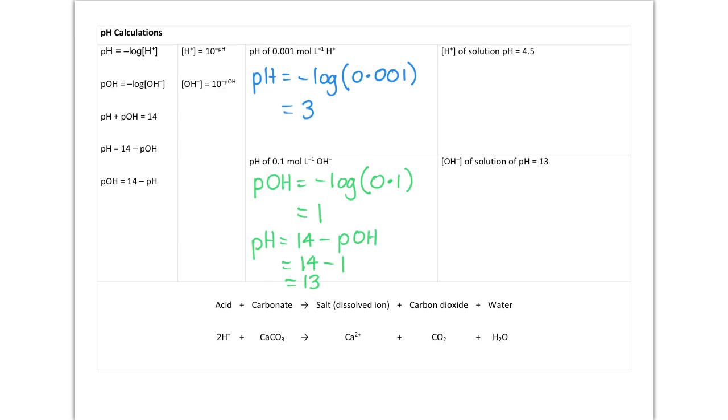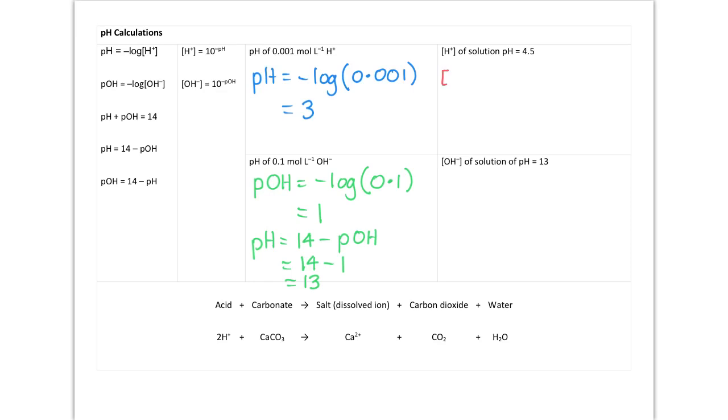Now, we also need to do the vice versa, if you can remember back to what the science understanding stated there. And to do that, we use these two relationships here. The hydrogen ion concentration equals 10 to the minus pH, or the hydroxide ion concentration equals 10 to the minus pOH. So we'll do this first one here where we've got a pH of 4.5 and it wants to know the hydrogen ion concentration.